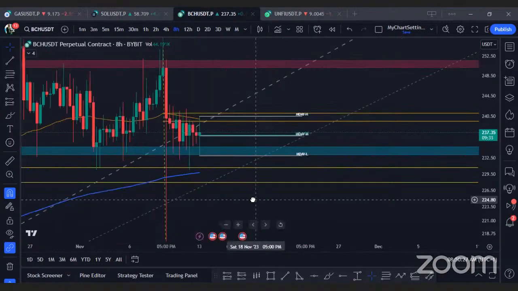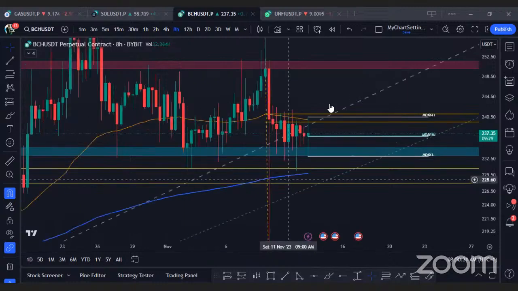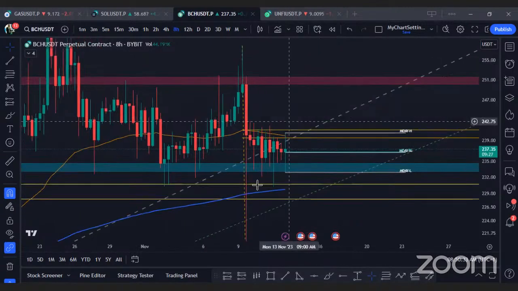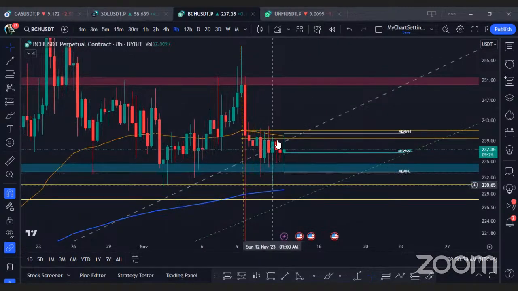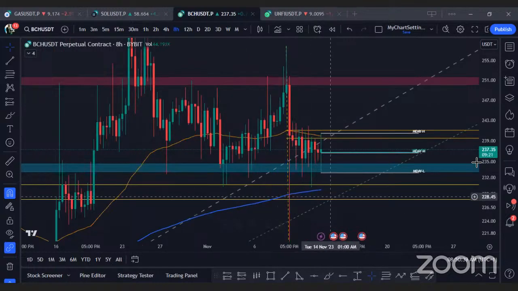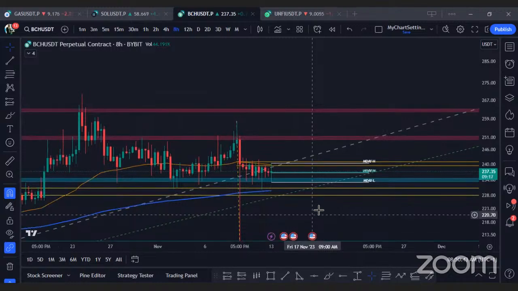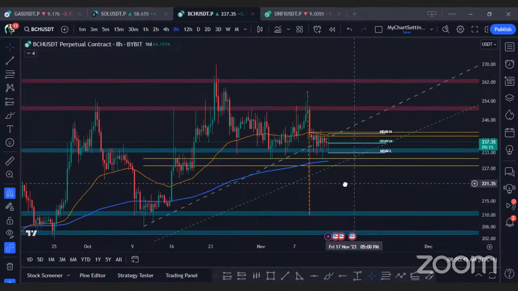So yeah, we came down to that level, rejected, came down to that level, rejected. So for this token, for Bitcoin Cash, you should be looking for longs.